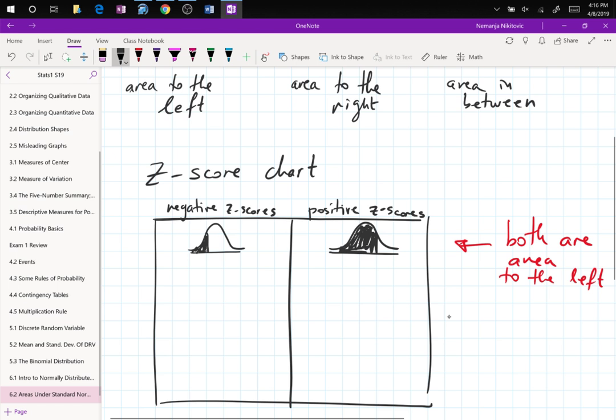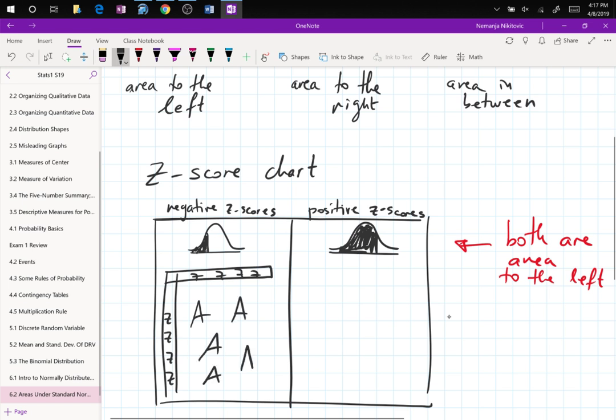And the z-scores are going to be in these margins. So I'll put a bunch of z's over here, and I'll put a bunch of a's in the middle. So this is what your chart looks like, and then you have the same thing on the other side.